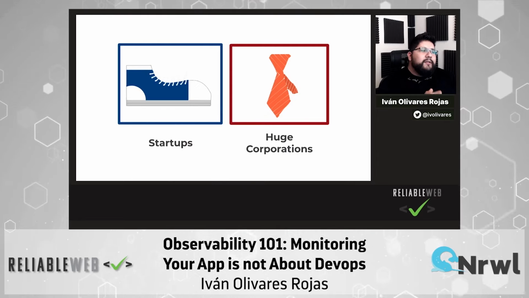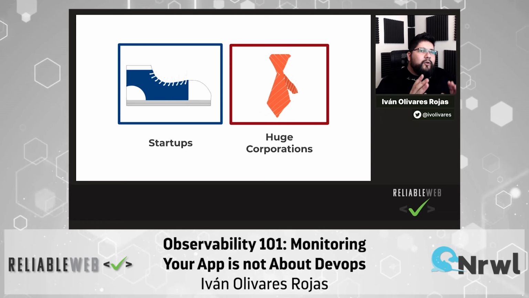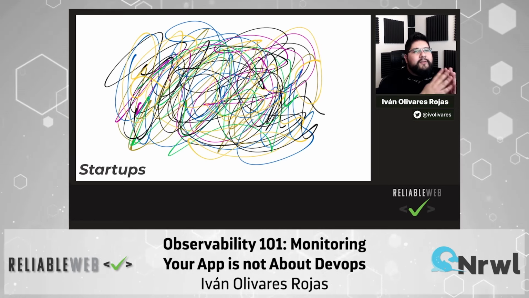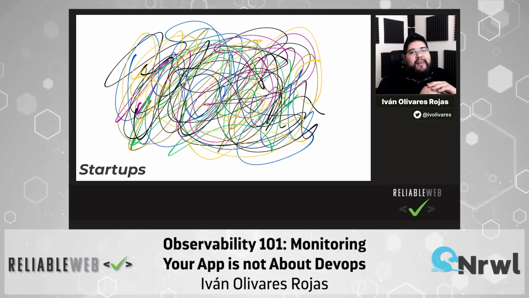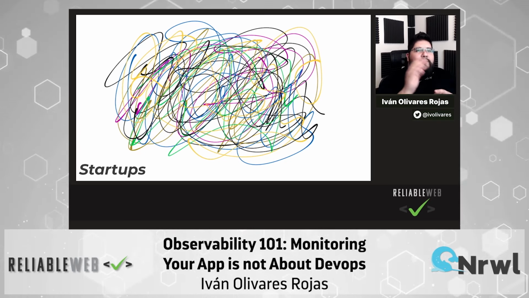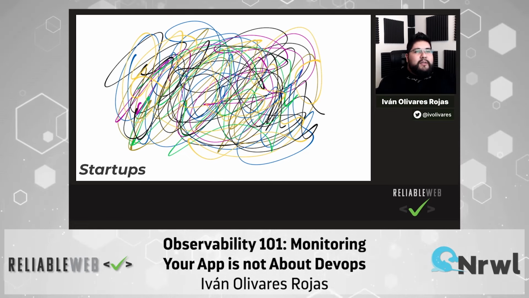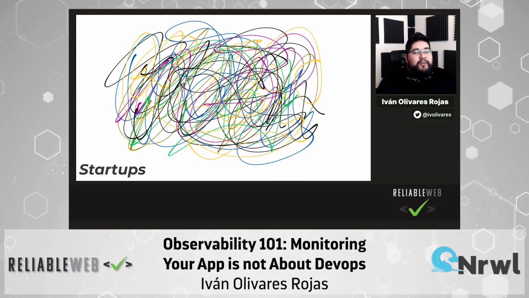Let's start by setting some context. You are in a startup, or maybe you work for a huge corporation. If you are in a startup, for sure it's a chaotic show, where there are different experts like DevOps, product managers, and even the role of webmaster appears in the full stack, a controversial name these days.